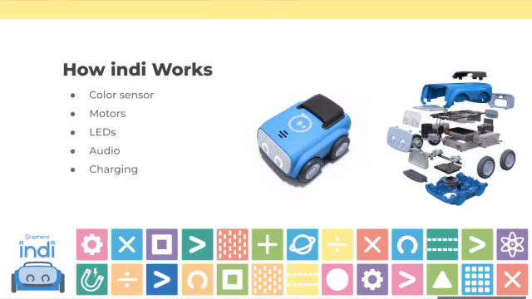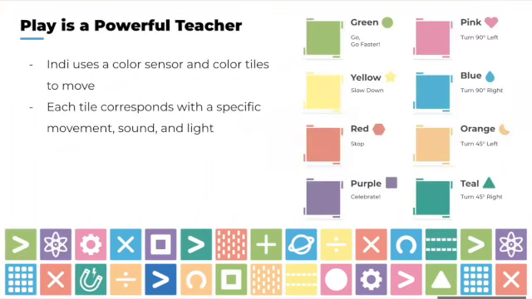It uses a color sensor to detect color tiles, which, if you look at my iPad screen, I have a bunch of different color tiles here, and all of them correspond with a specific movement, sound, and light. For the sake of time, I've just listed all of their functions, but what we typically do is an exploratory period where we figure out what each of these color tiles does and how they influence Indi's movement.